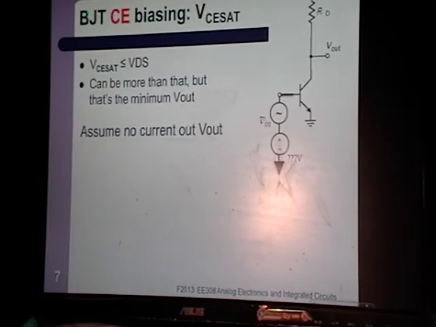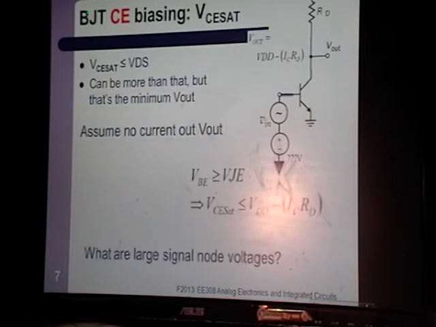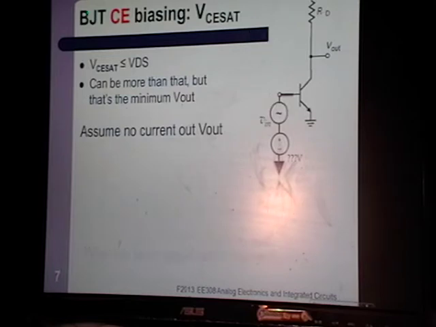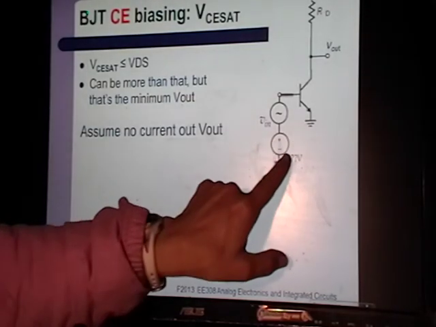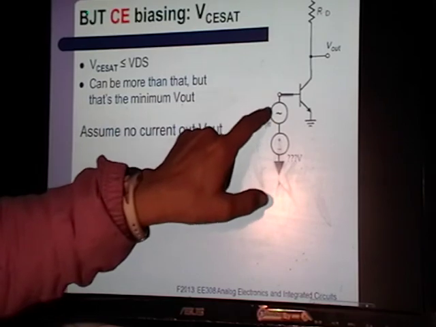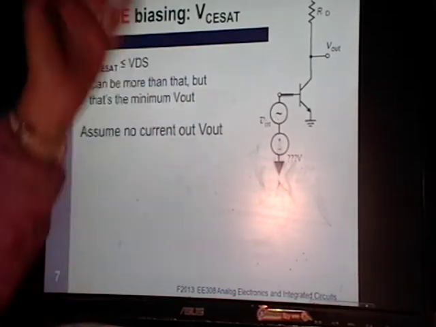Once again, you want to be in active. This is a picture of your amplifier that you did in lab, and this is your biasing voltage right here, and this is that AC signal that you put on top of your biasing.